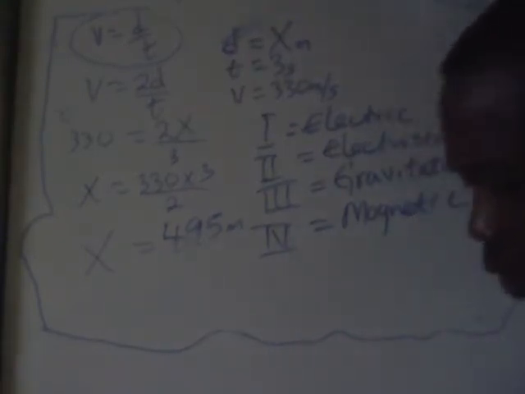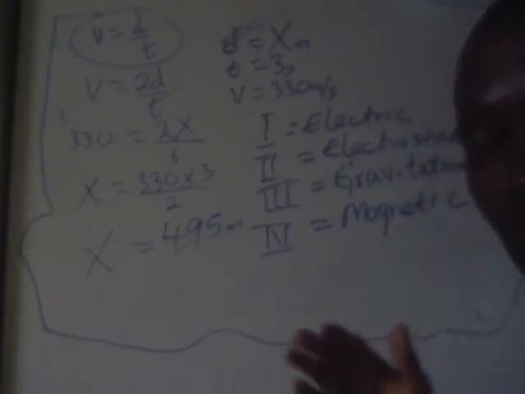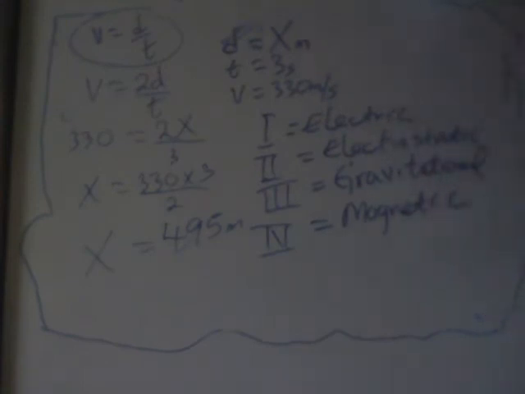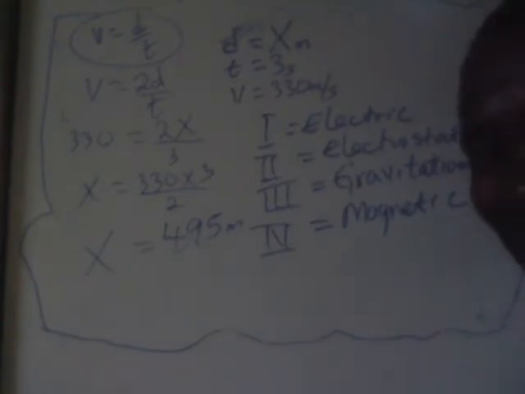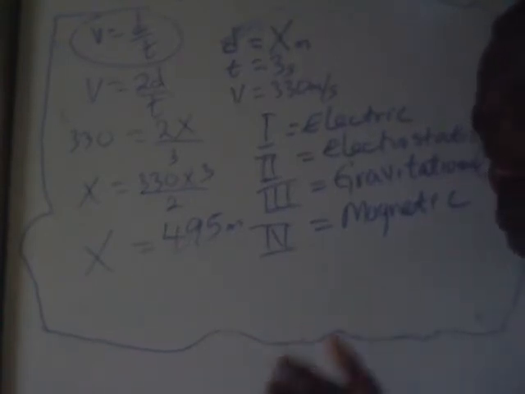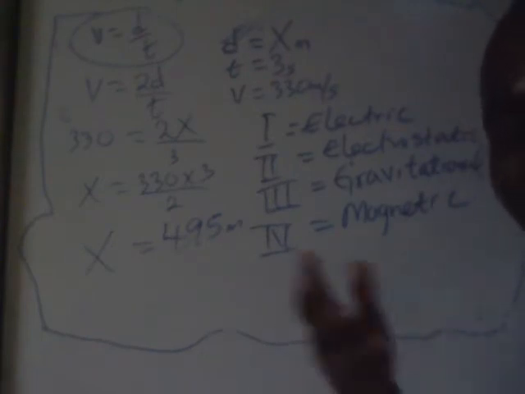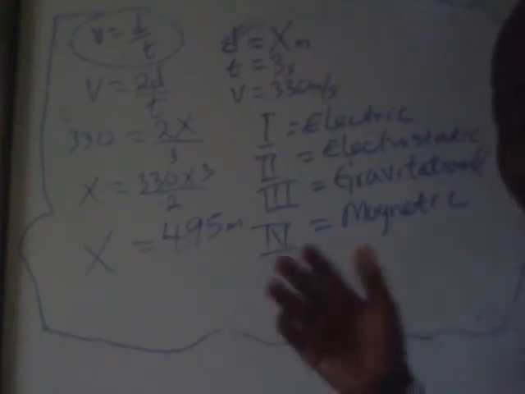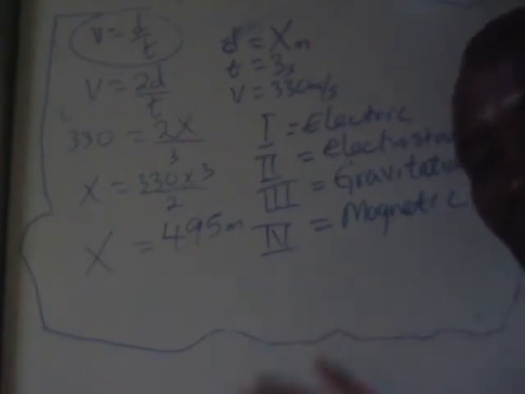In which of the fields is repulsion not experienced? You know, we have attraction and repulsion. When you are talking about charges, we have positive charge and negative charge. There is attraction if a positive charge comes across a negative charge, and there will be repulsion when we have positive and positive charges, or negative and negative charges.